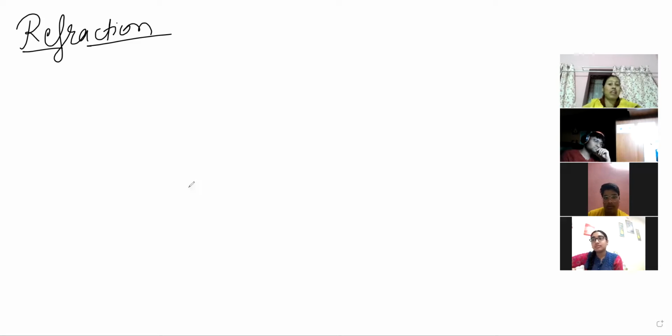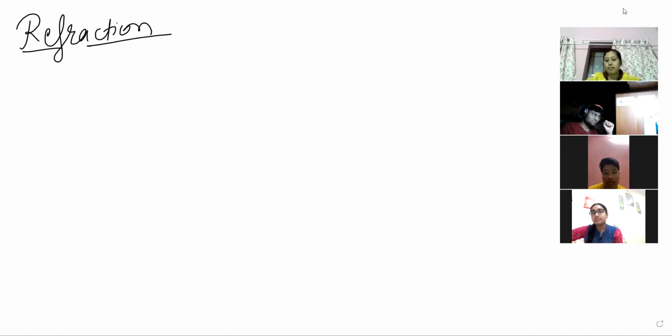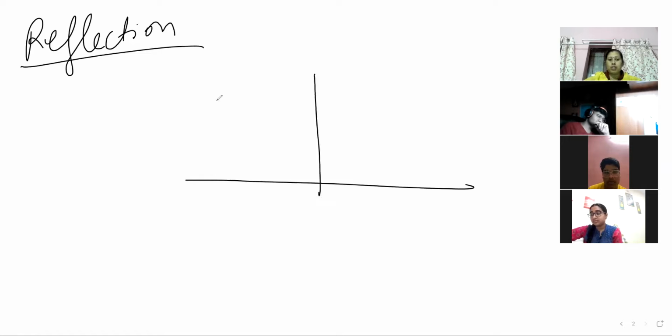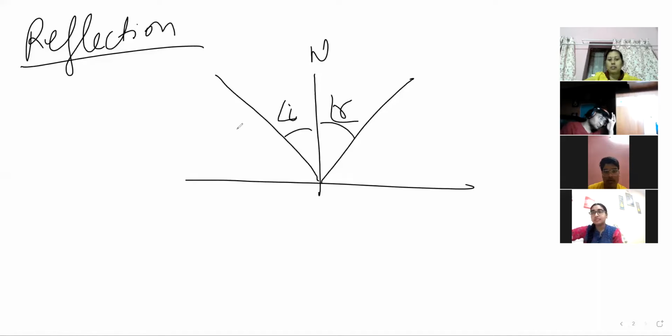See, in reflection, what we have seen, this is my normal, incident ray, reflected ray. Angle I, angle R. This is my incident, this is my reflected, and this is my polished surface.